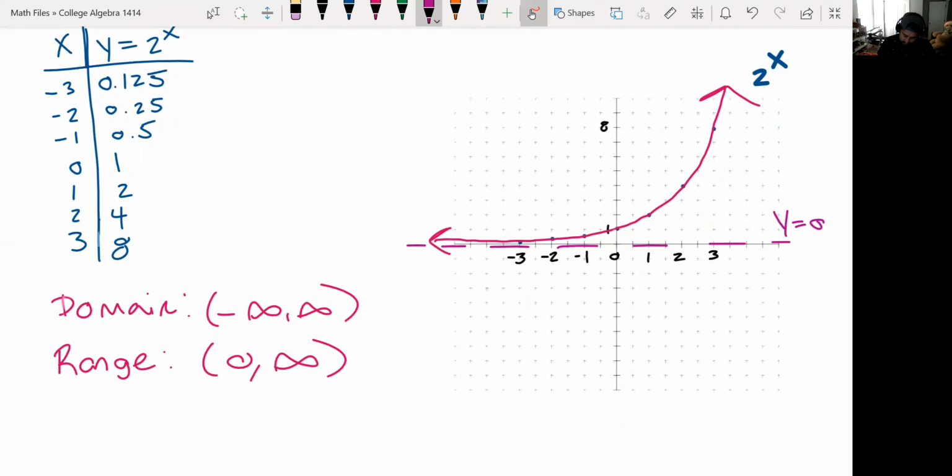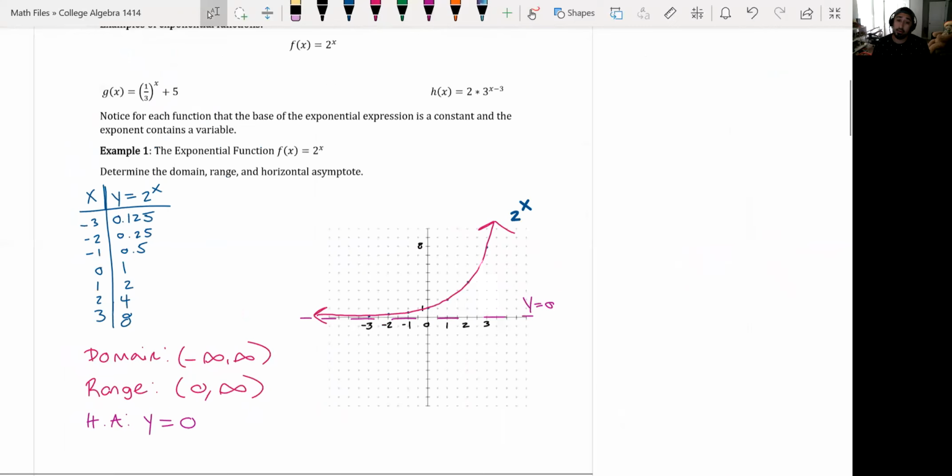There you go. And that is the graph of an exponential function whose base is bigger than 1.